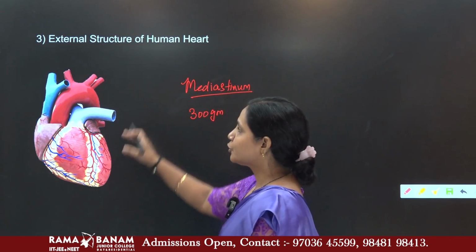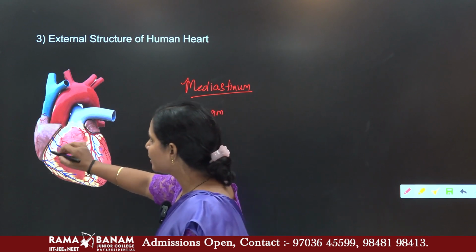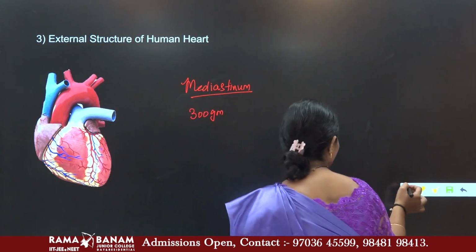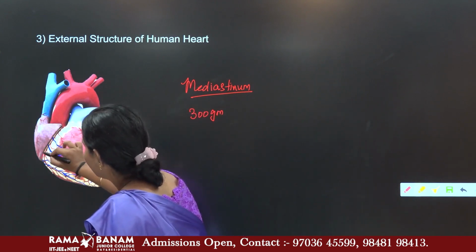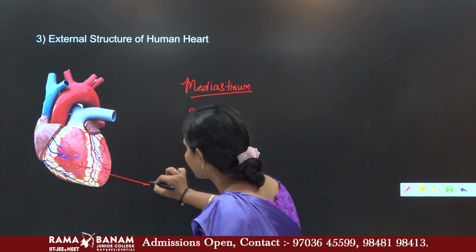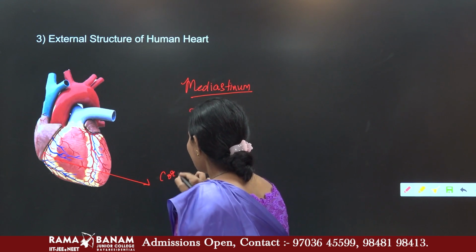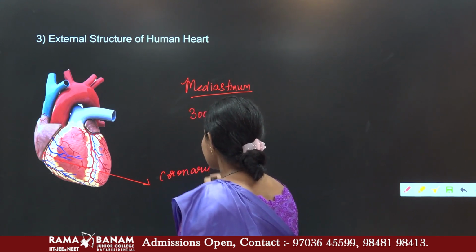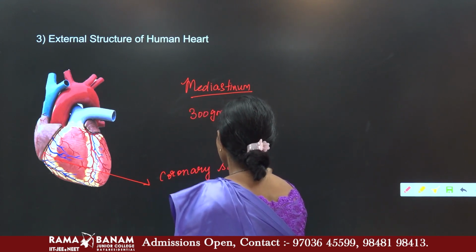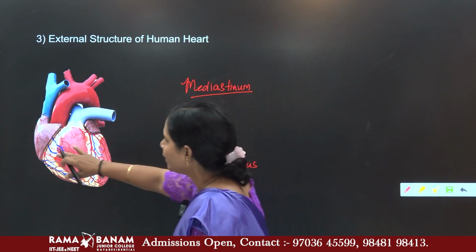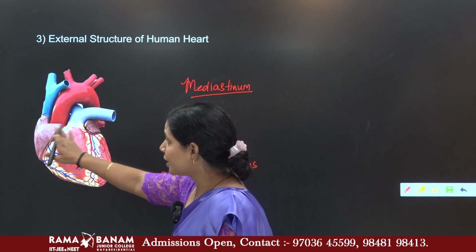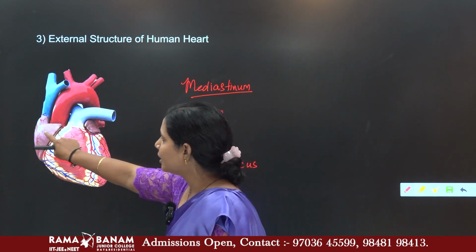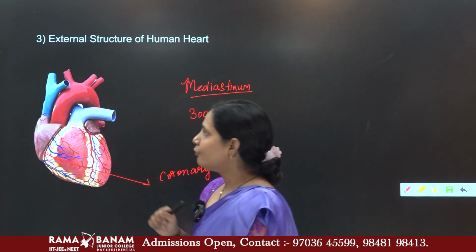And coming to the structure, if you can see here, there is a deep notch like structure which is known as the coronary sulcus, right. This differentiates the heart into chambers, the atria and the ventricles.